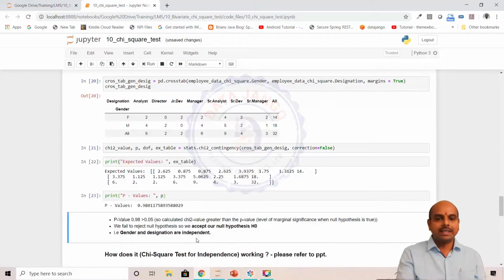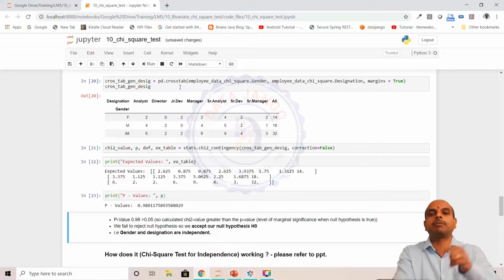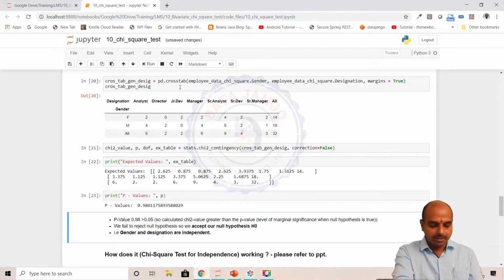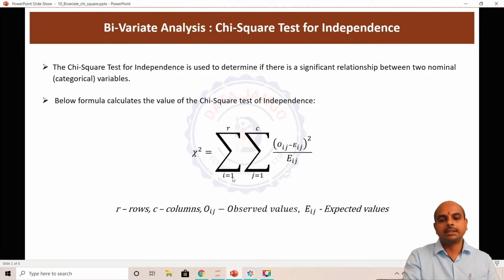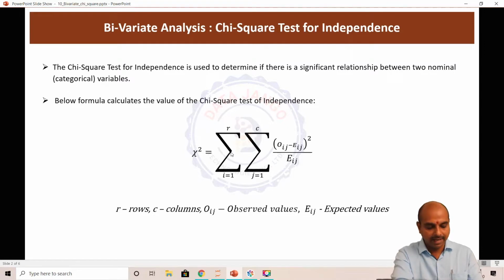So now let us see how exactly the expected values are calculated and how exactly the chi-square test is performed by a statistician. Let us go back to the slide and see that. The chi-square test formula is sigma i equal to 1 to R and sigma j equal to 1 to C, observed values minus expected values whole squared, divided by expected value.